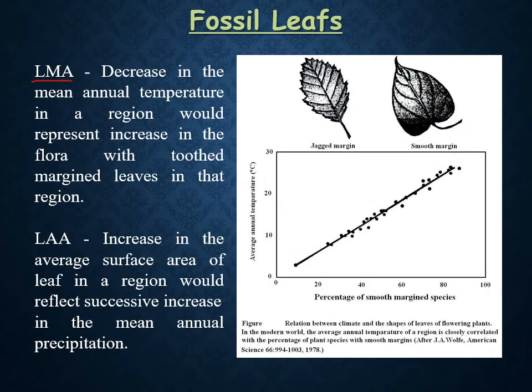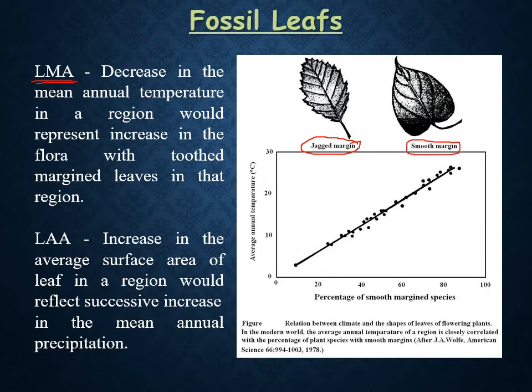It was found by studying the present day leaves that in low average annual temperature condition, the percentage of jagged margin leaf is much higher, whereas in higher average annual temperature condition, the percentage of smooth margin leaf is relatively higher.